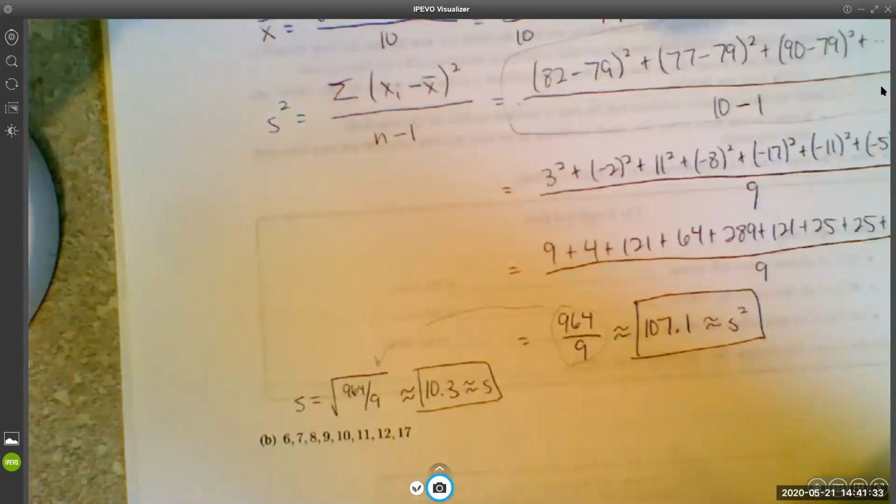Go ahead and give the video a pause now and see if you can do part B. Same thing, see if you can calculate the variance and then the standard deviation. Okay, here's my solution.